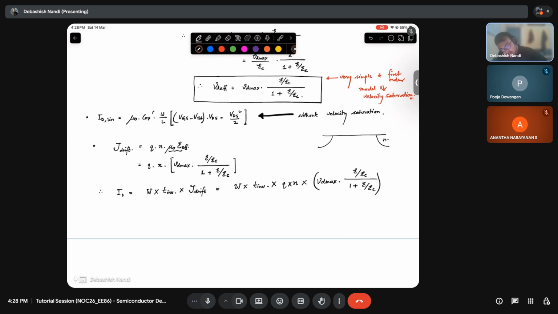Basically, if these are your N plus regions, this is your W. Your currents are flowing in this direction, right? So what will be your cross section? The inversion layer thickness times this W, right? Yes, sir. So this is your cross section. So now what is your inversion charge density per unit area?